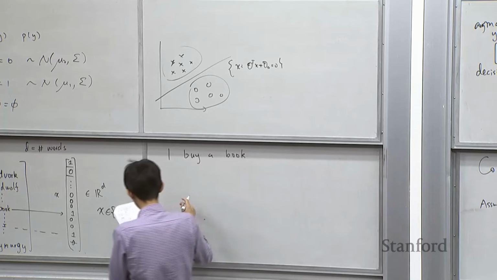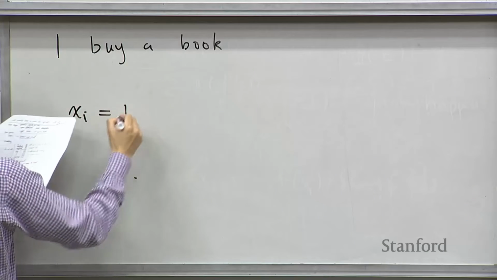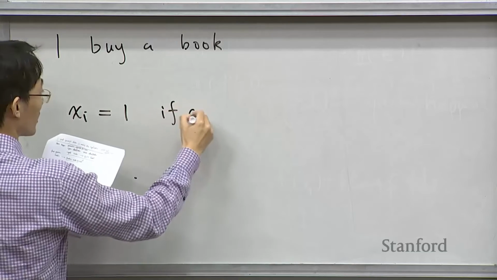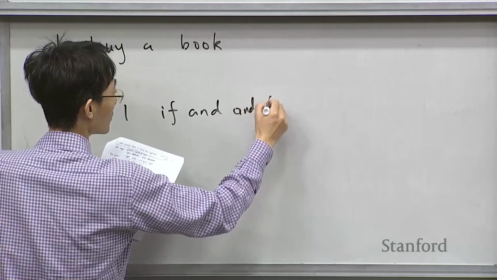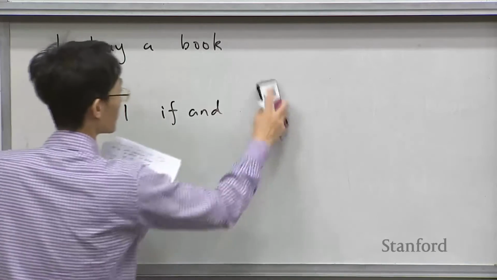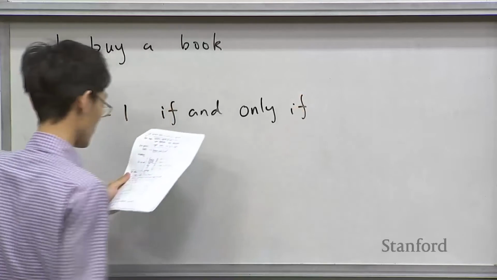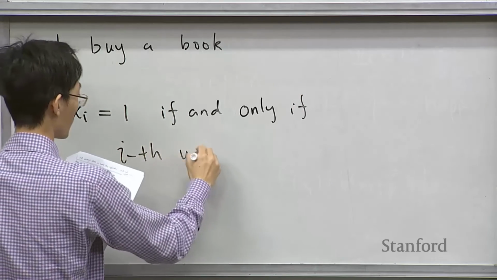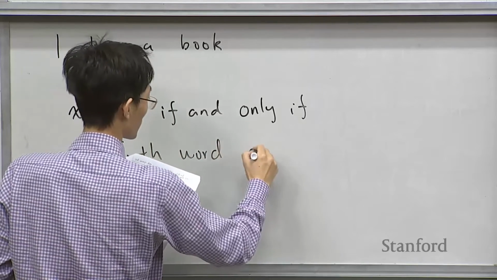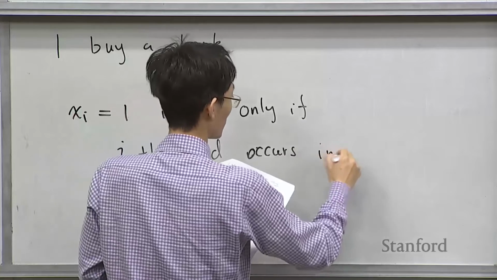So technically, x_i is equal to 1 if and only if the i-th word occurs in the email.